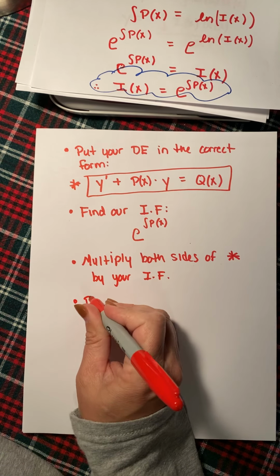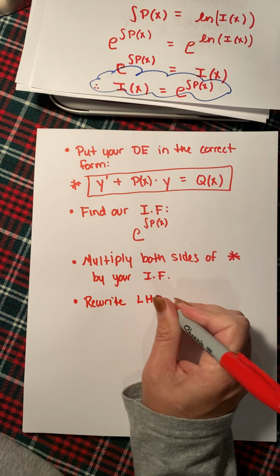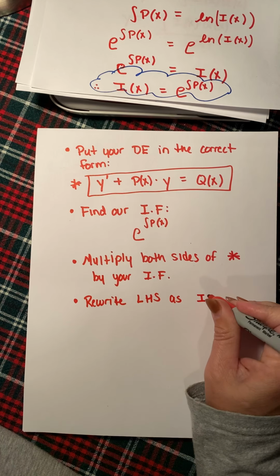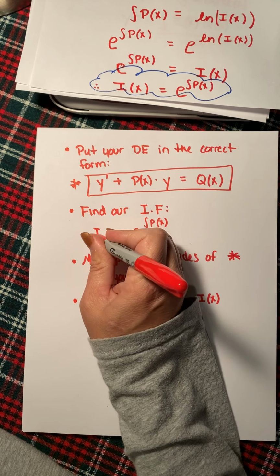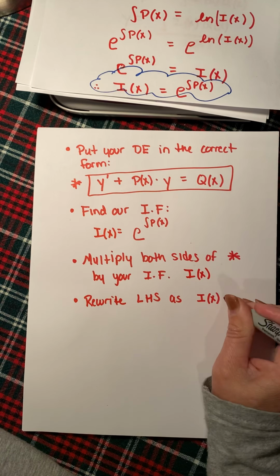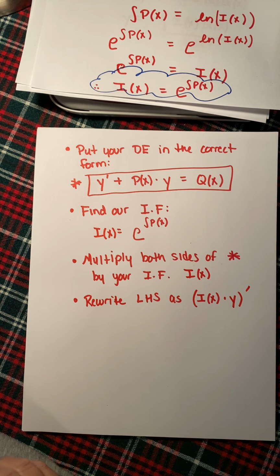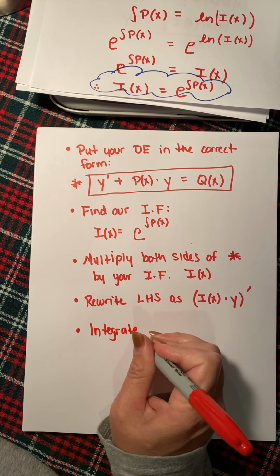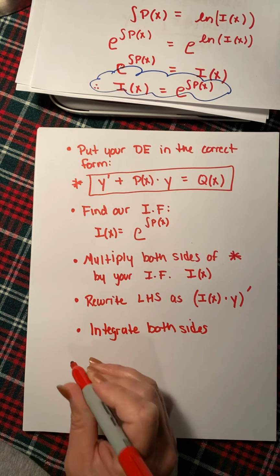We're going to rewrite the left-hand side as your integrating factor, let's call this I of x here, times the unknown function y. And then we're going to integrate both sides. And then we're going to solve for y.